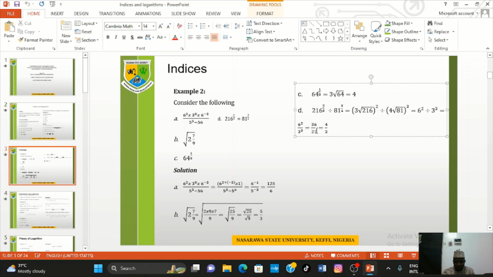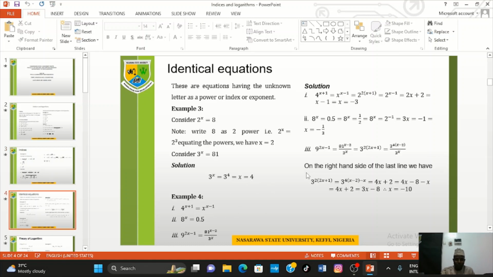So you look for a common factor. You reduce the fraction to what? The smallest fraction. And when you do that, then you have this. Is that clear? So at this point now, we can go further.